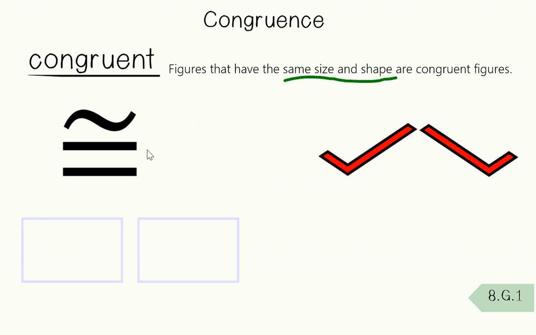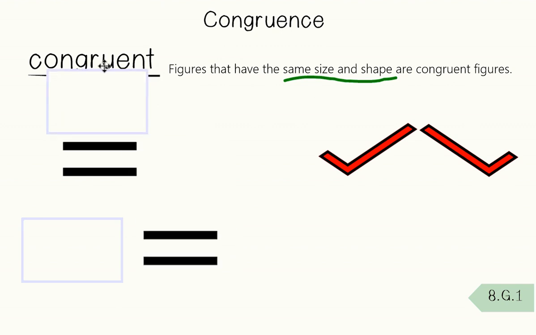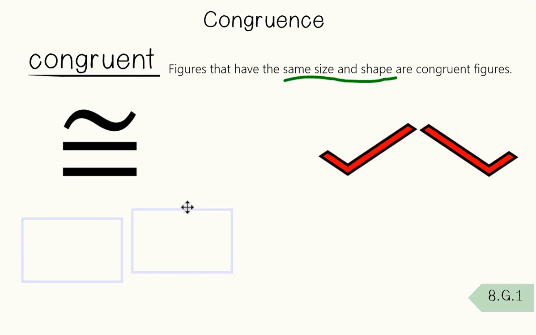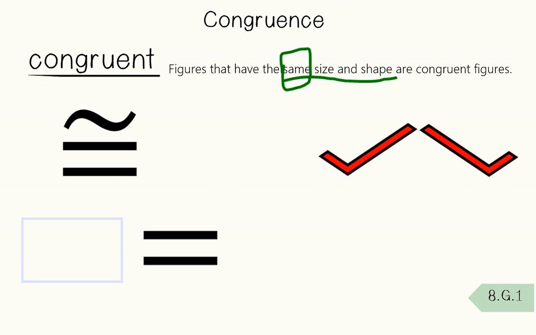So this symbol, the congruent symbol, actually has 2 parts to it. And I want to talk about this bottom part first. The bottom part here is actually an equal symbol. So if I cover that up, you probably notice that that right there is an equal symbol. And that's because congruent means that I'm going to have the same size and same shape.